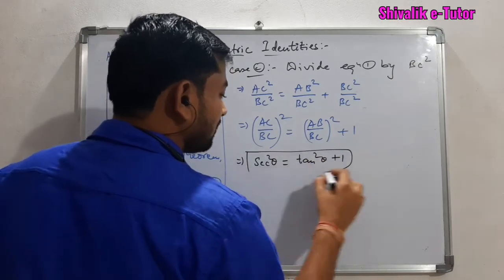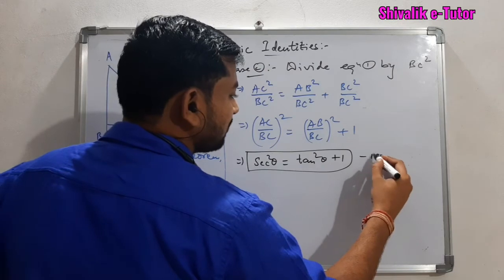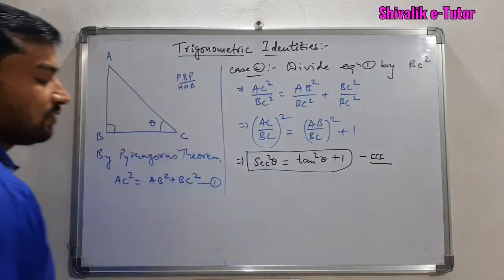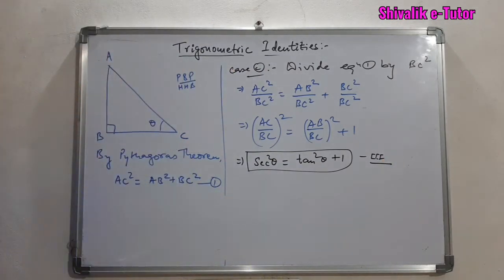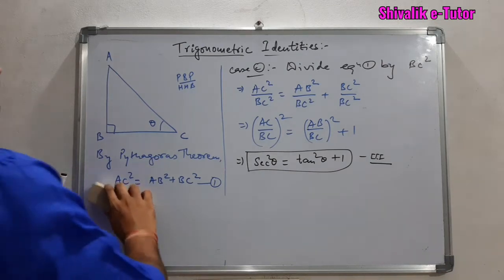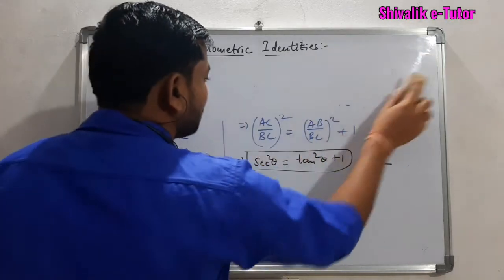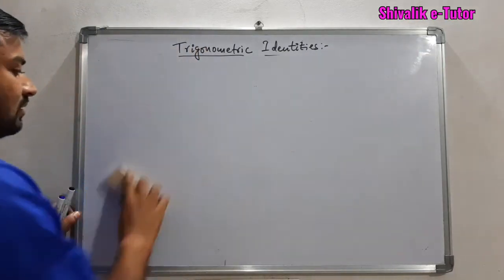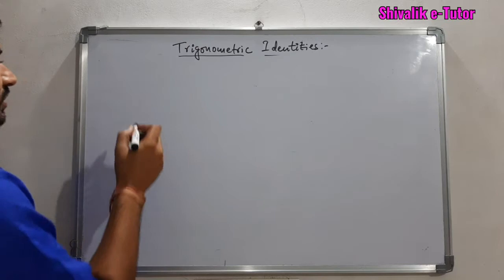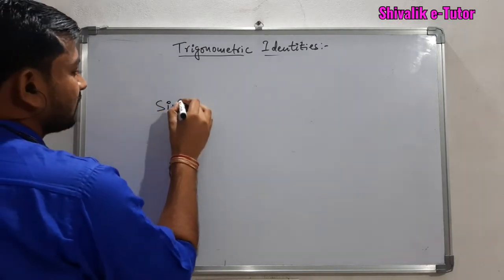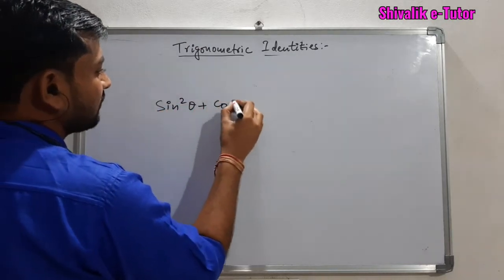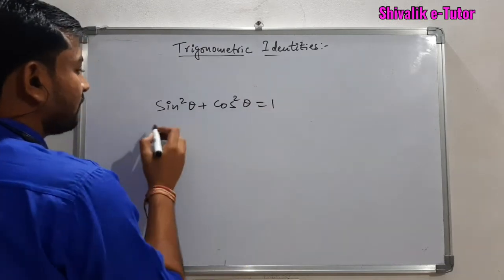So this is the third trigonometric identity. This is what we have to learn here. So this is the derivation of these three identities. Let me summarize the three identities here. The first identity which we discussed was sin square theta plus cos square theta is equal to 1.